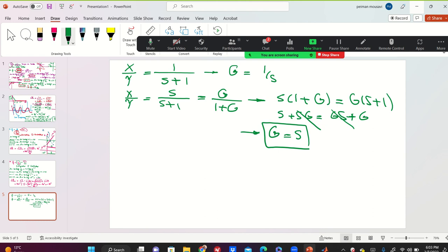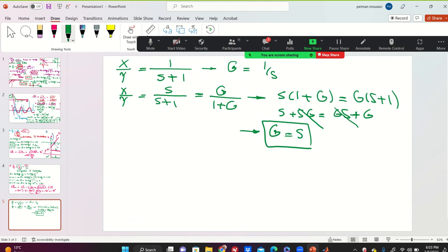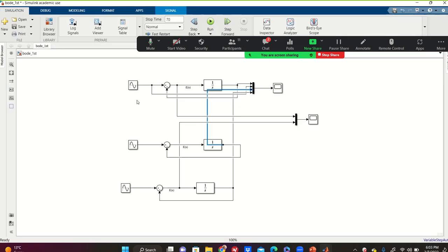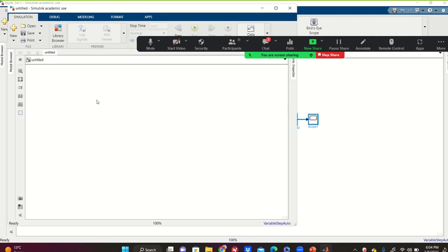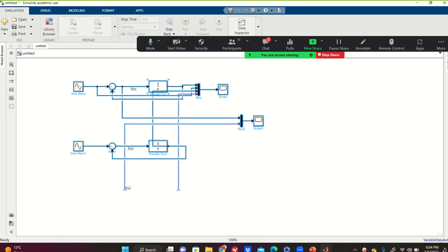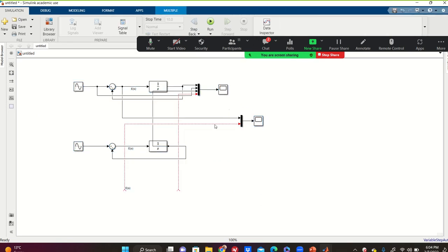Let us examine this, see if this works or not. So for the high pass filter, let us examine that when you go to Simulink. What I'm going to do is copy this new one to here, and I'm going to make all of them here.